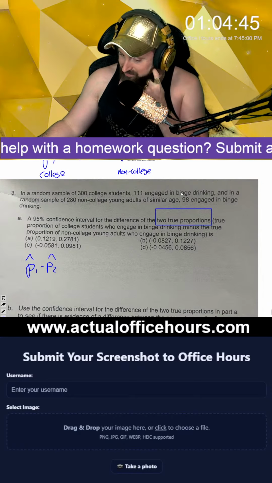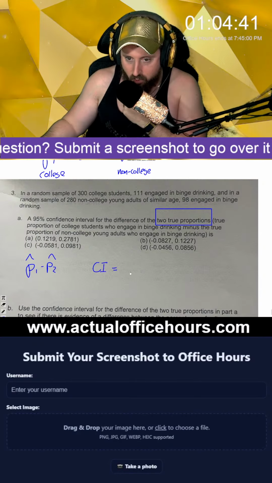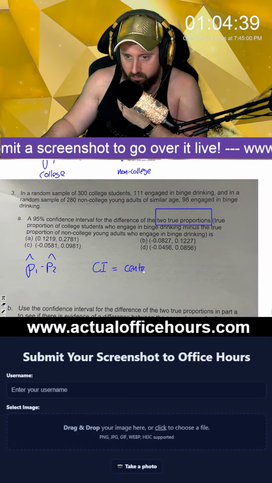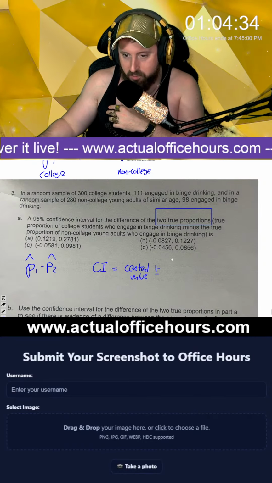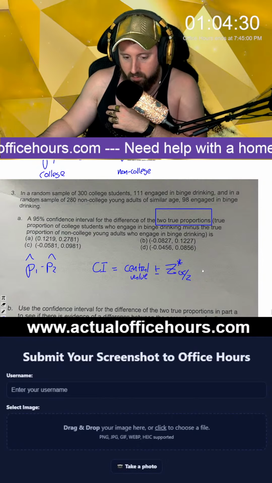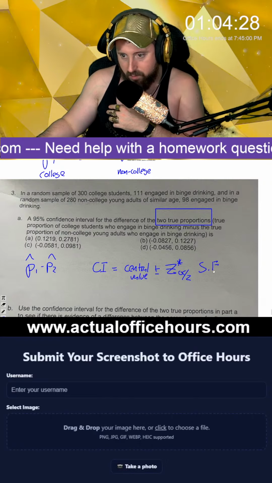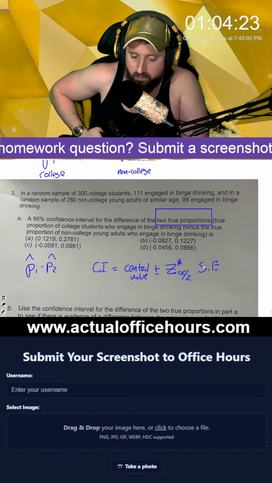Confidence intervals, just in general, always have some central value, which is what you think the value is. And then it's plus or minus some z star alpha over 2 times what's called the standard error. So this is like the wiggle.